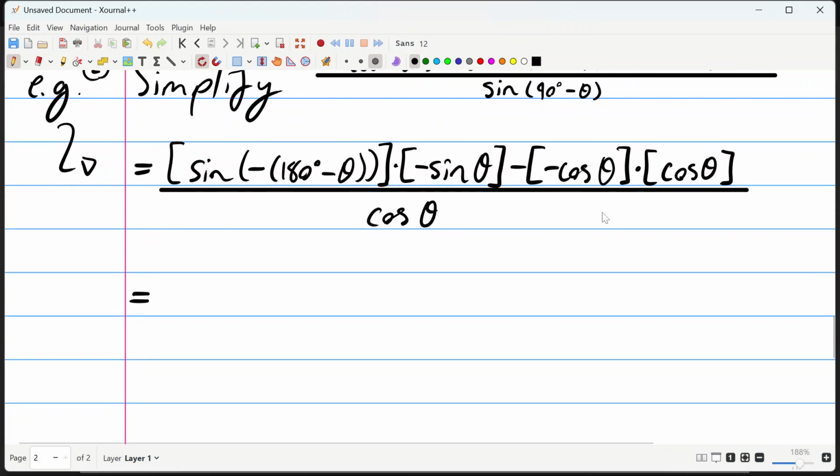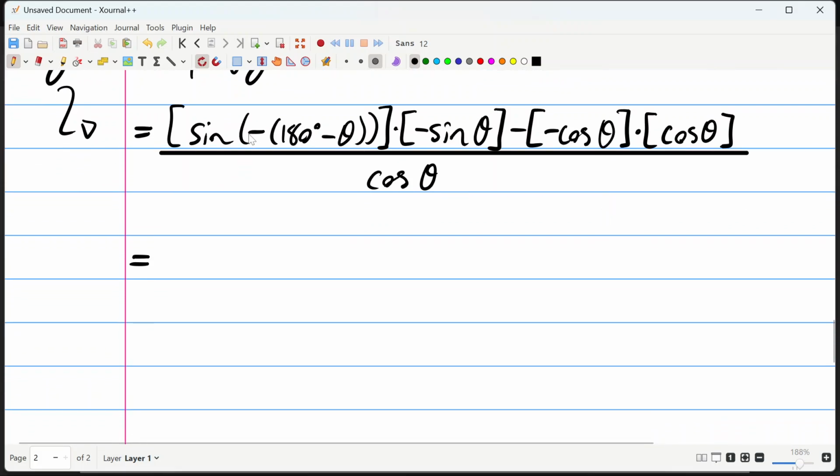Cool. We got all of them out of the way except this one over here. Notice that this is sine of a negative angle. And what did we say about negative angles for sine? Well, the only trig ratio that's not affected by negative angles is actually cos.